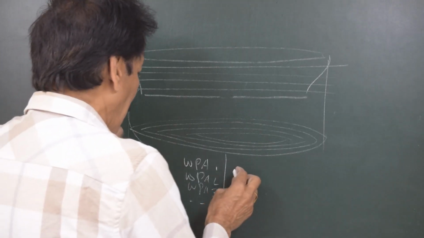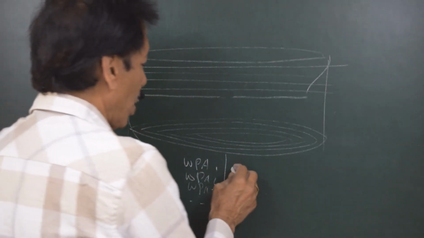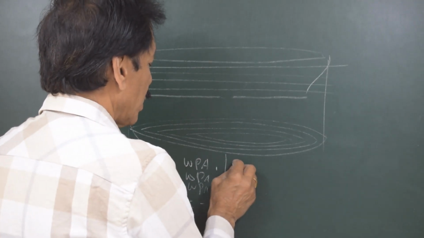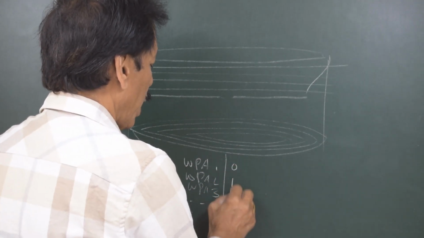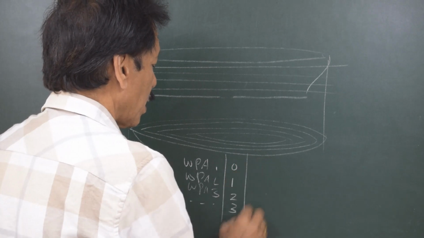And if the difference of drafts is 1 meter, then the distances would be 0, 1, 2, 3 meters, etc. And we Simpsonize and then take the moment also about the bottom ordinate.